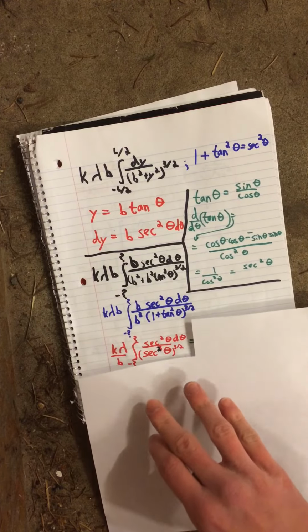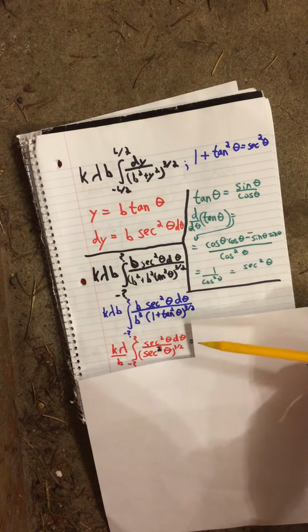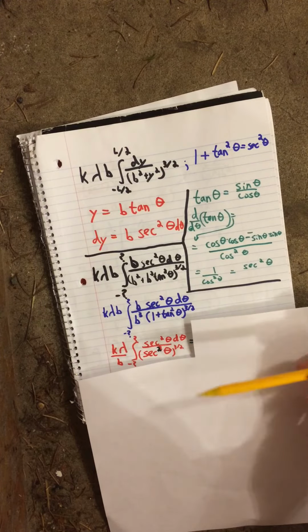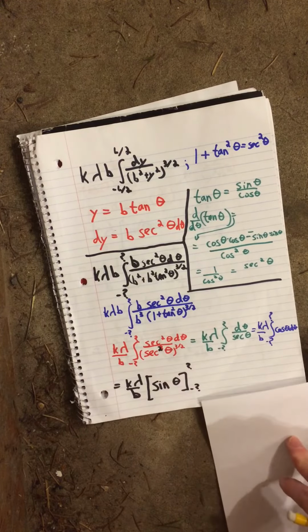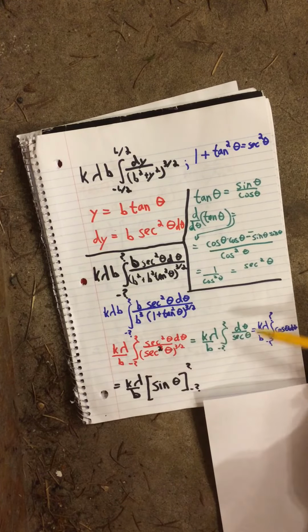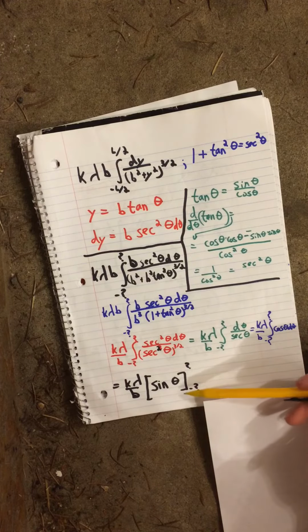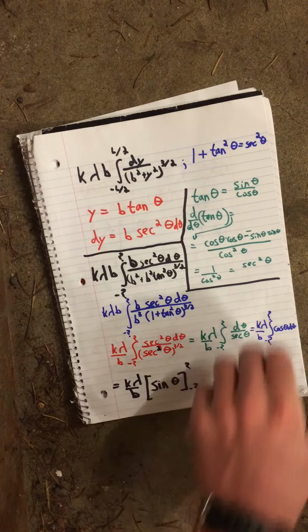Now we know that the new integral is going to have secant squared theta d theta on top and secant squared theta to the 3/2 on the bottom. When you simplify that out, it's just going to be d theta over secant theta, which is cosine theta d theta. And that's a pretty easy integral. It's just sine theta. And we still have the question marks, which is what we're going to solve now.